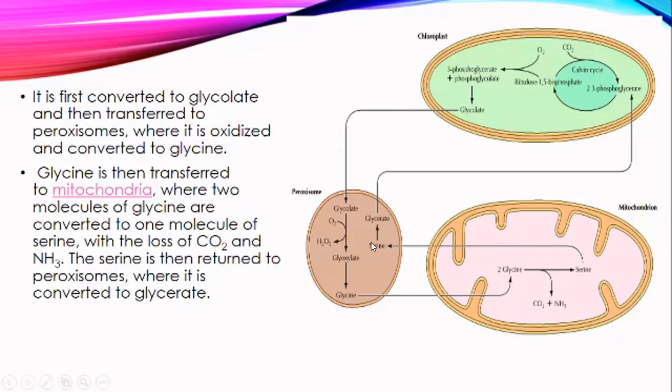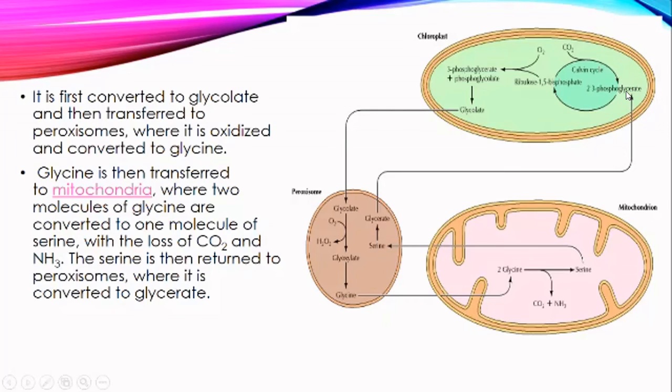Then the serine will be transported back to the peroxisome to convert it again into glycerate. Then the glycerate will be added with a phosphate group to become phosphoglycerate. So 2 phosphate group will be added in the phosphoglycerate. Kaya siya 2, 3.